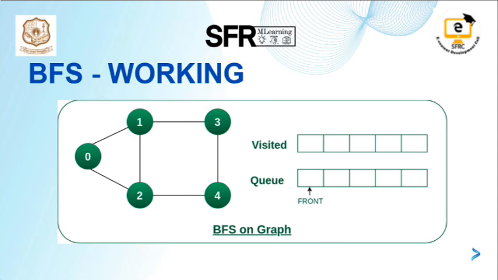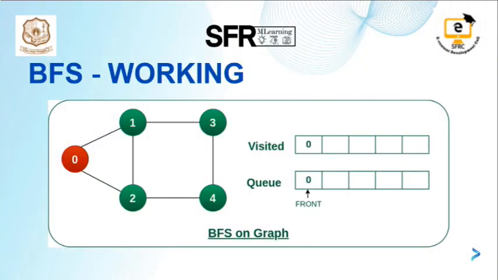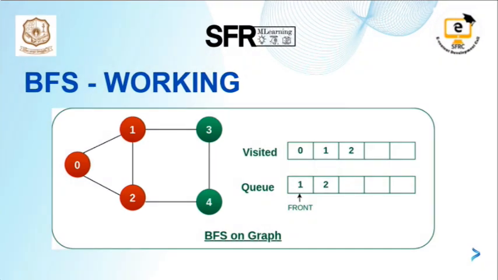Here is an example. In this, we can see initially the queue and the visited array are both empty. Now we push node 0 into the queue and mark it as visited. Then remove node 0 from the front of the queue and visit the unvisited neighbors and push them into the queue.